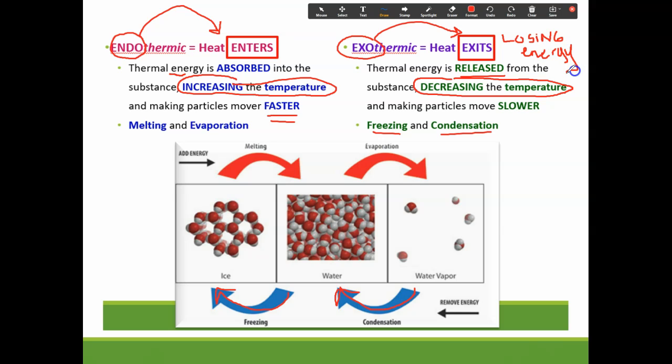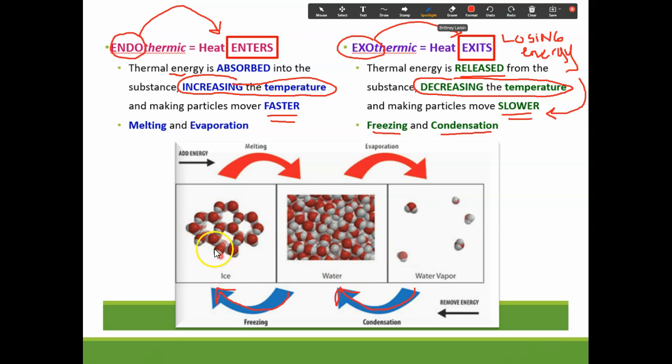And in that case, that results in our particles moving much slower, which again makes a lot of sense because we have our particles first moving very rapidly, then they begin to lose heat, they lose energy, and so they are no longer as chaotic. They turn back into a liquid. They can still flow, so they have some energy.